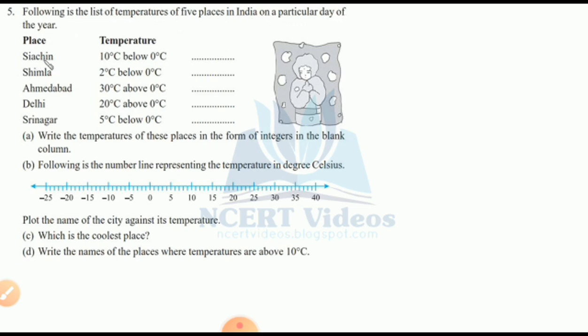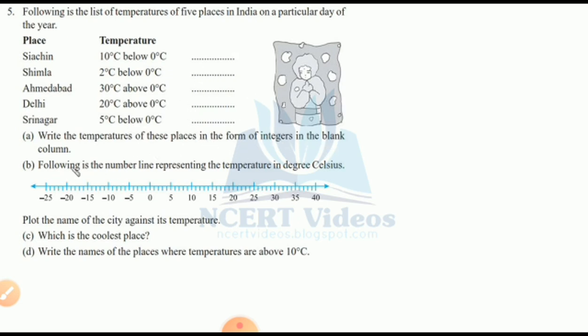5. Following is the list of temperatures of 5 places in India on a particular day of the year. Siachen, Shimla, Ahmedabad, Delhi and Srinagar. Siachen's temperature is 10 degree below 0 degree centigrade.